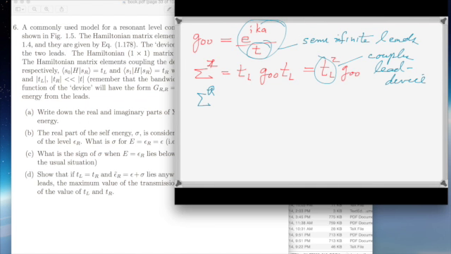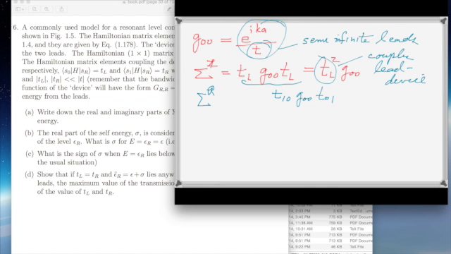Not anymore. You define it as T01, G00, T10. That's what it is, always. That form is always correct.